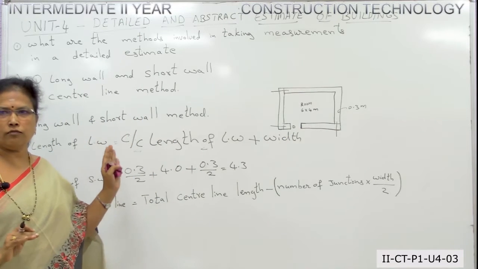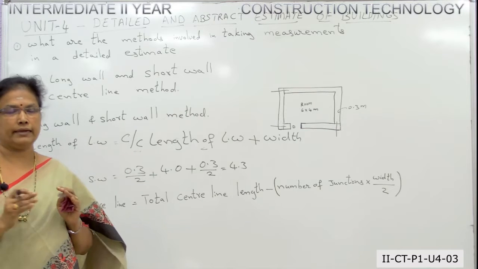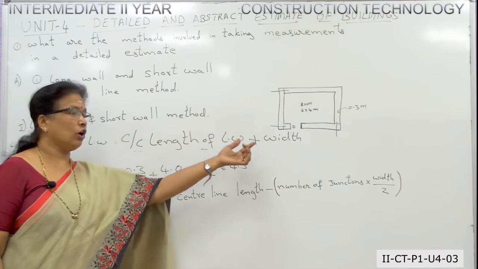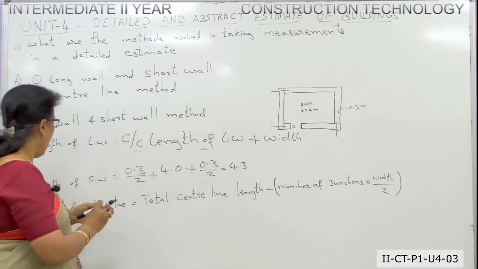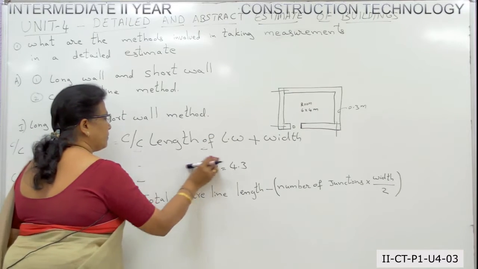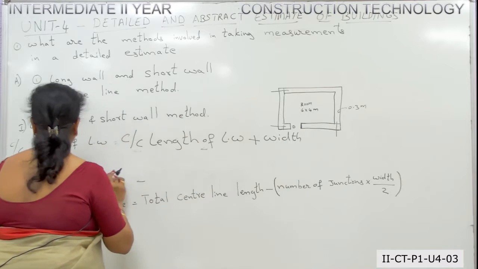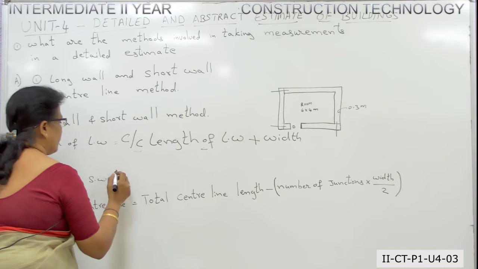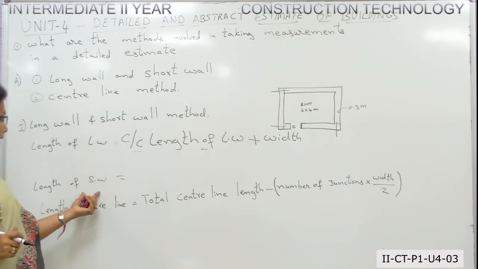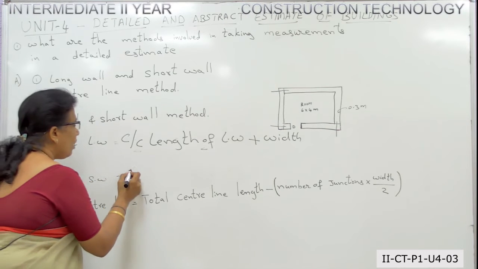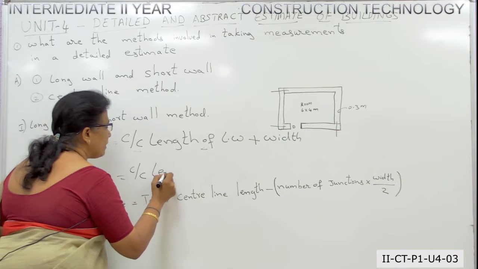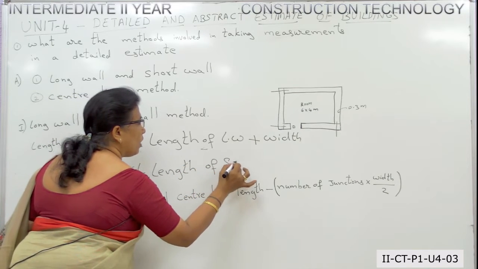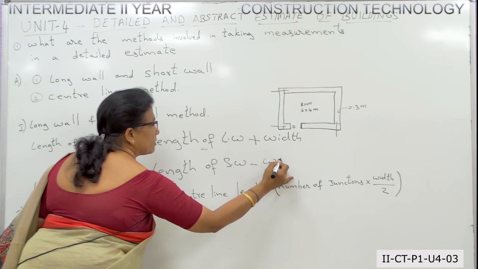For calculating the length of the long wall for various items, you take the center to center length of the long wall plus width. And when you calculate the length of the short wall, you take the center to center length of the short wall minus width.